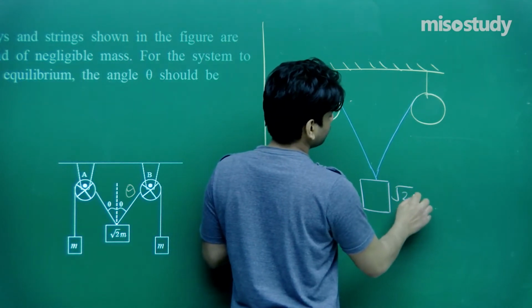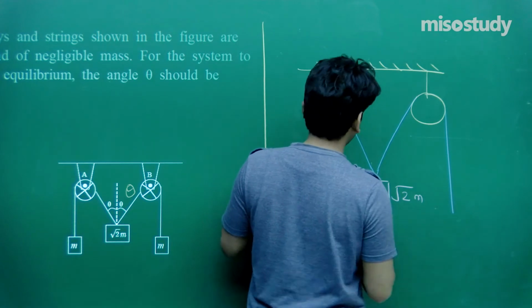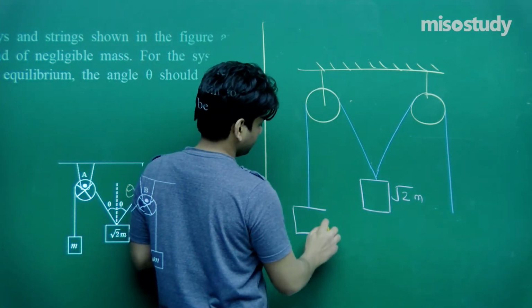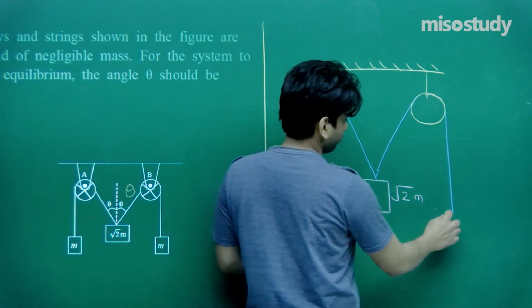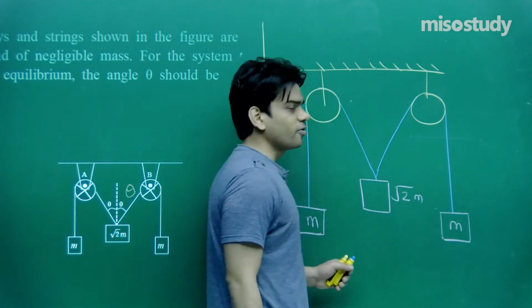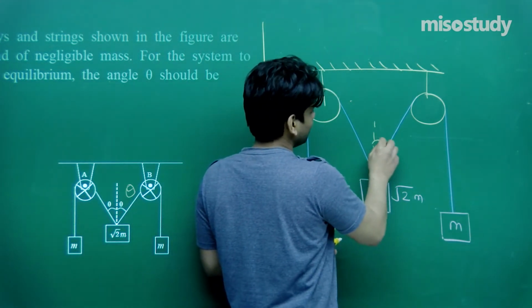This mass is given as root 2m. Then we have another block here. We have another block here. So I have drawn the diagram. Now you will see here, if I show you that this angle is theta.